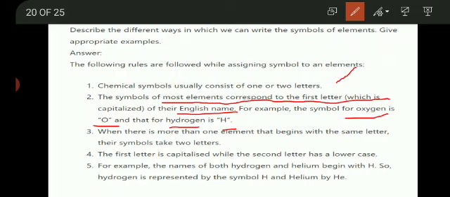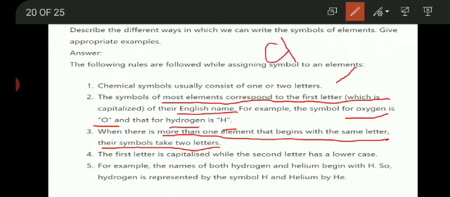Next, when more than one element begins with the same letter, their symbols take 2 letters. Suppose we see chlorine and chromium. For chlorine we take the first letter and second letter, and for chromium we take the first letter and third letter, because both begin with the same letter. We can't take the same 2 letters in one symbol.